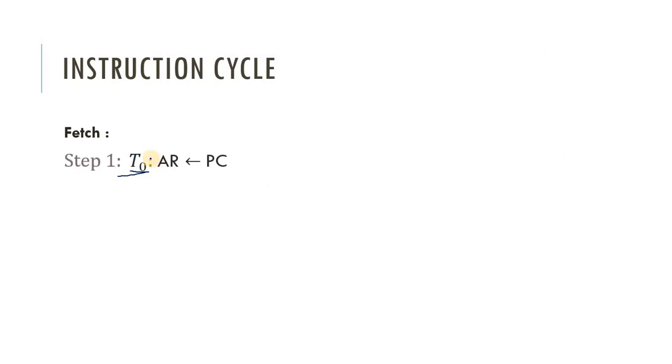So this is the RTL for this first step. At T0, the address of the program counter will be stored into the address register. We already know the address register is used to store addresses, so that is why we are storing the address into the address register.